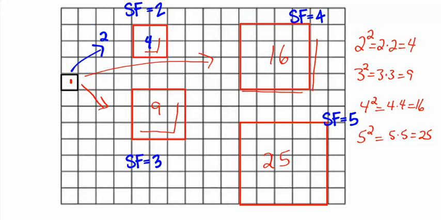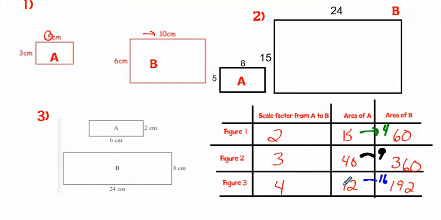So now let's go back and see if you see anything over here. Are you seeing a relationship between my scale factor and my area? Do you see that if I multiply my original area times the scale factor to the second power, that would give me 60?